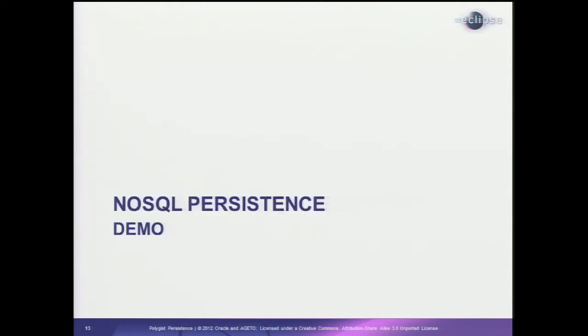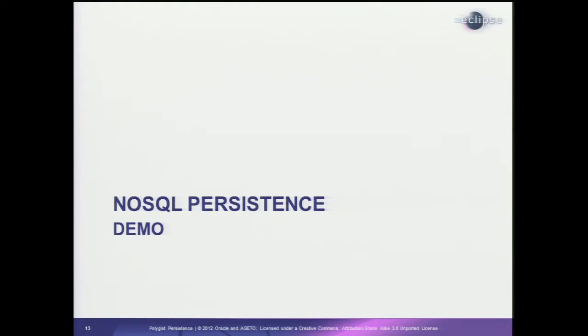Okay, so I prepared a little demo that shows one of the projects that I'm doing. I'm doing a lot in OSGi, and we're using Gemini to persist data. Just pass it off to an OSGi service that stores it in memory.